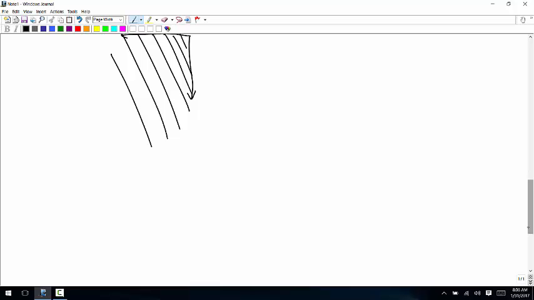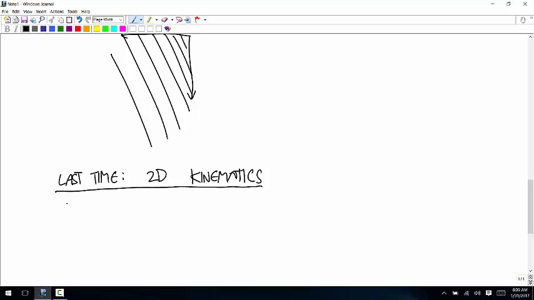All right, so last time we started talking about 2D kinematics. And we talked about the position vector, the meaning of the position vector.